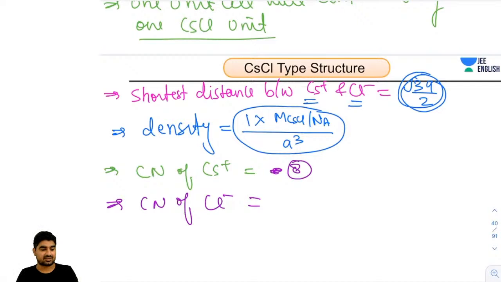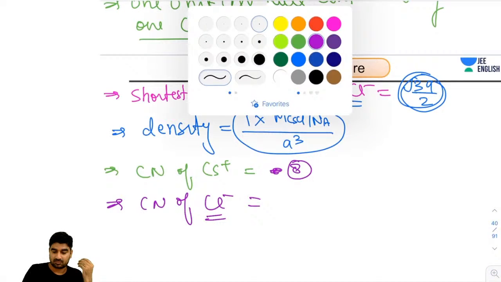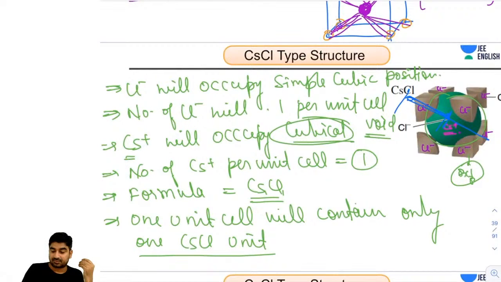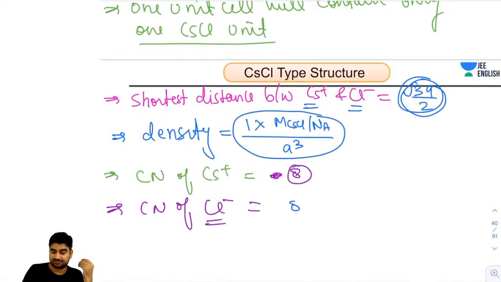Tell me, guys, be fast. What is the coordination number of chloride? So, chloride, 8. Yes, Priya, you are right.